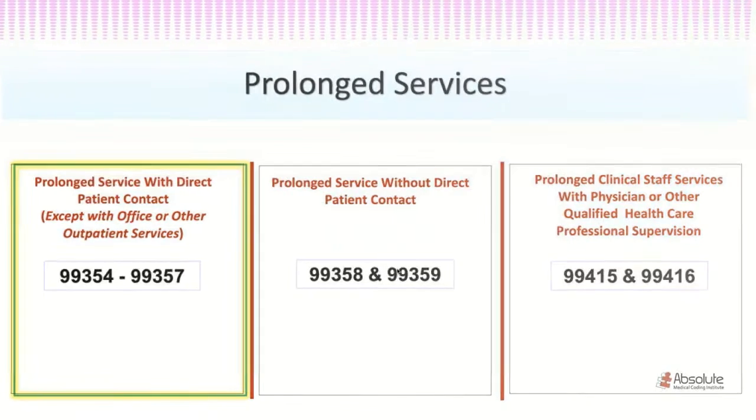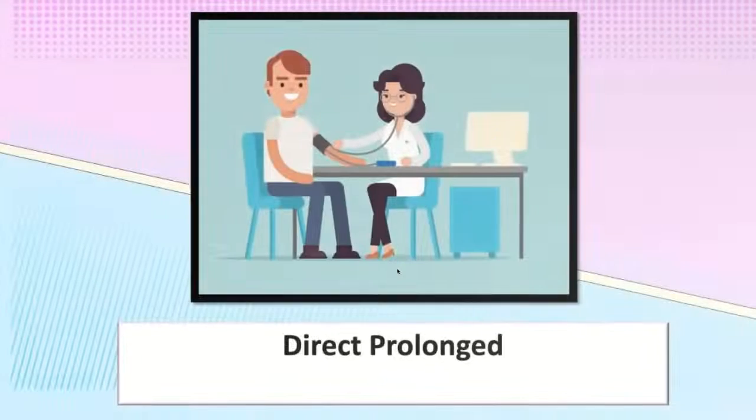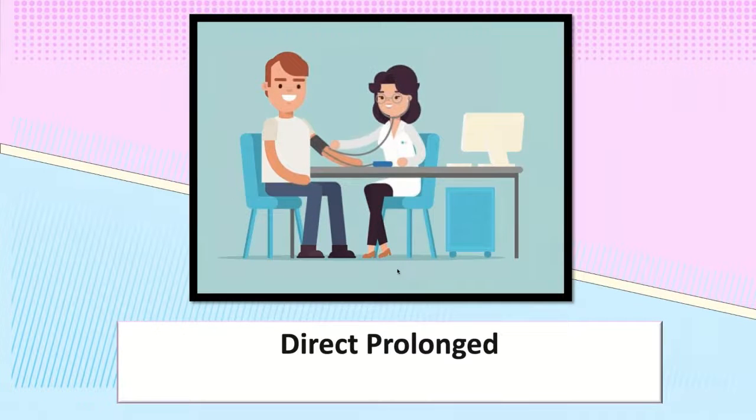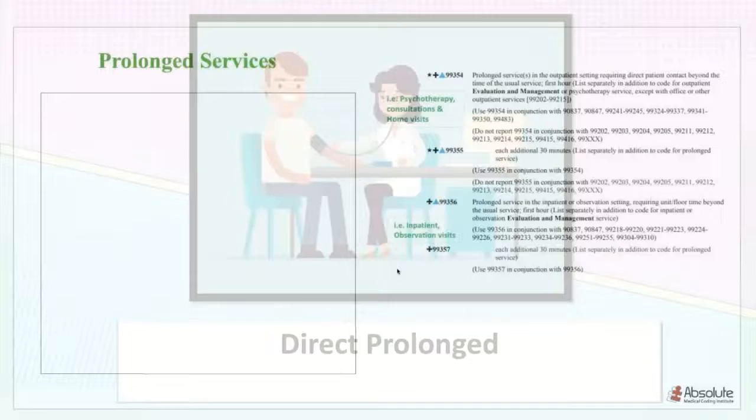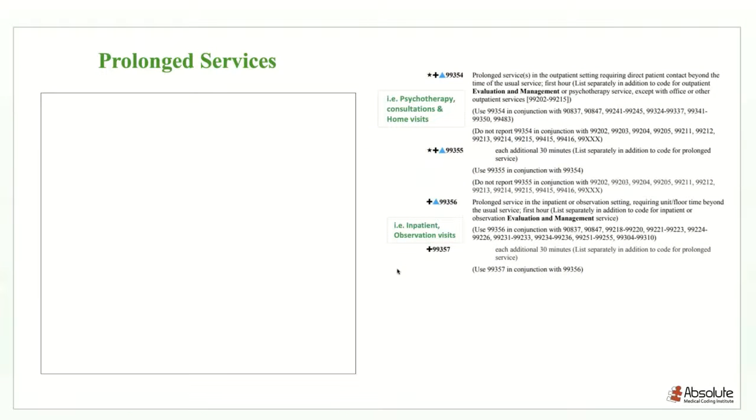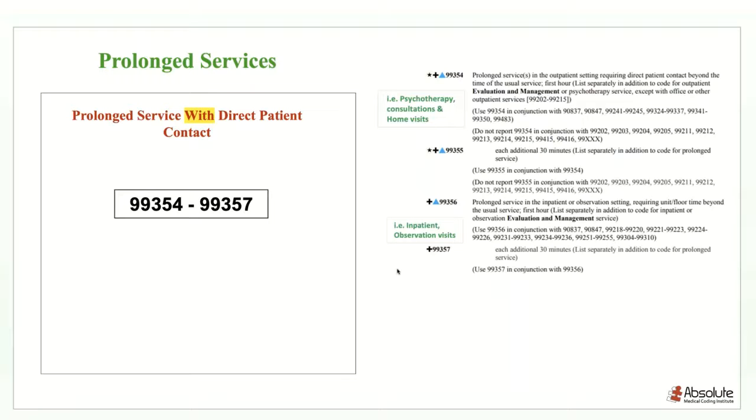Now let's look at each of these individually to determine the 2021 changes. Let's begin with prolonged services with direct patient contact. Here is your code series 99354. This is what these codes cover: psychotherapy, consultations, home visits, inpatient visits, and observations.